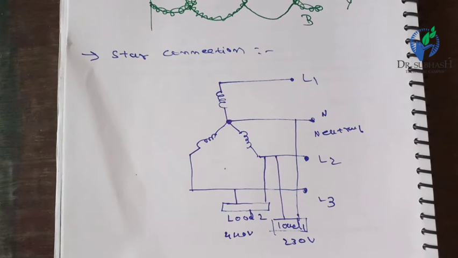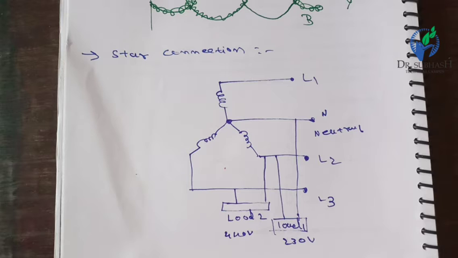The star connection requires four wires in which there are the phase conductors and a neutral with them. Such a connection is mainly used for long distance transmission because of the neutral point. The neutral point passes the unbalanced current to the earth, hence making the system balanced.